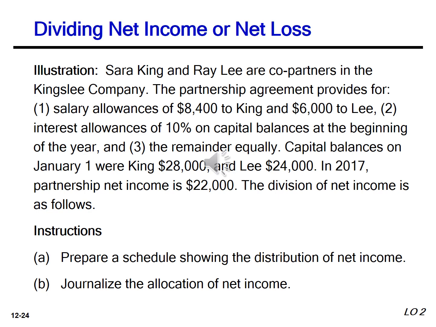And 3. The remainder is split equally between the two. Capital balances on January 1st were King $28,000 and Lee $24,000. In 2017, partnership net income is $22,000. The instructions: A. Prepare a schedule showing the distribution of net income. B. Generalize the allocation of net income.